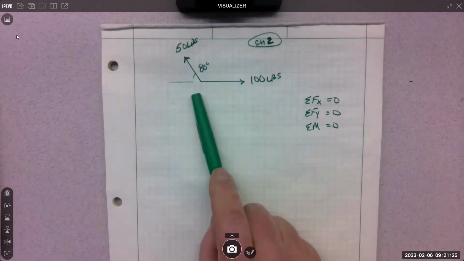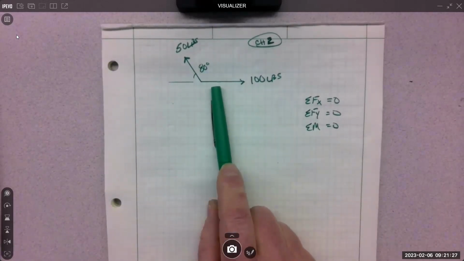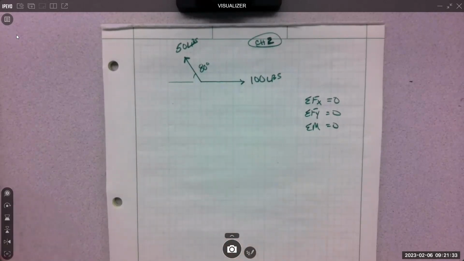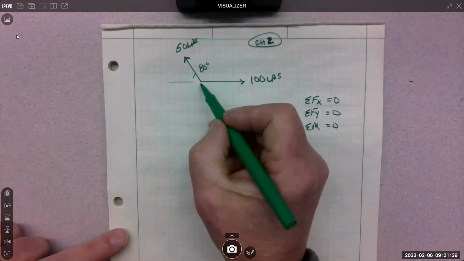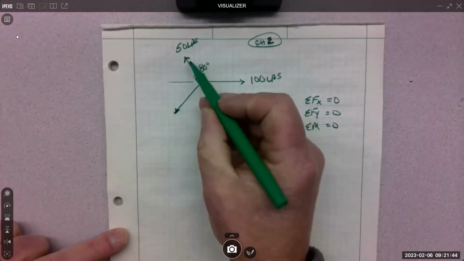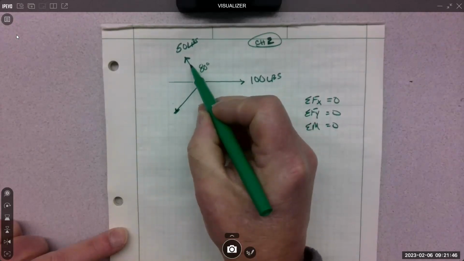So is this in equilibrium? No. We definitely have forces in the X and forces in the Y. I want to make it in equilibrium. I need to add a vector that has down effect, because this down effect will fight that up effect, right?